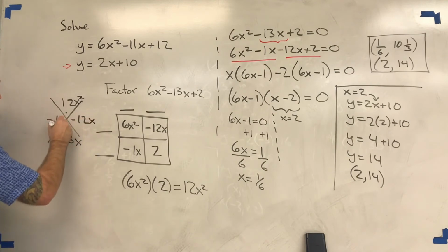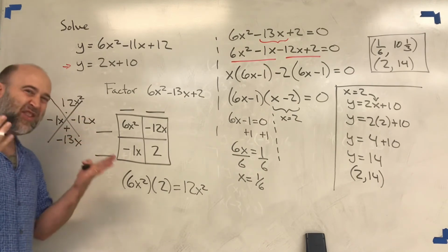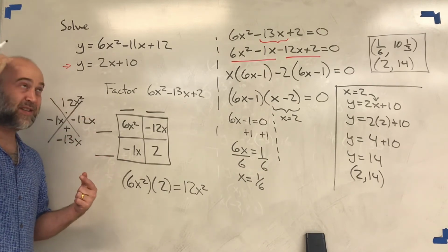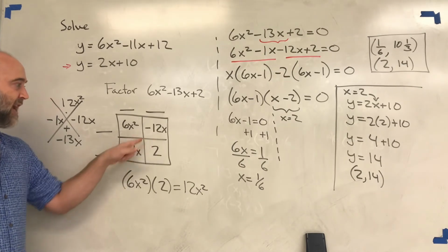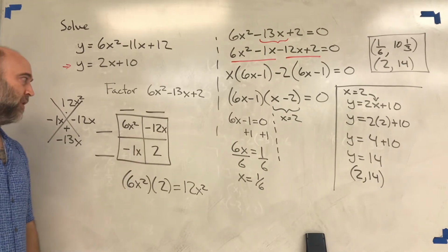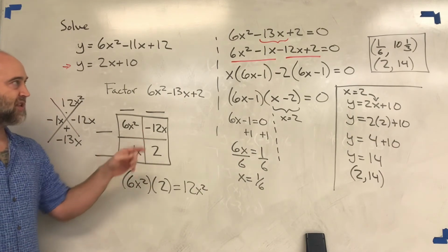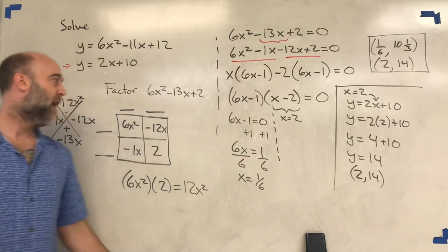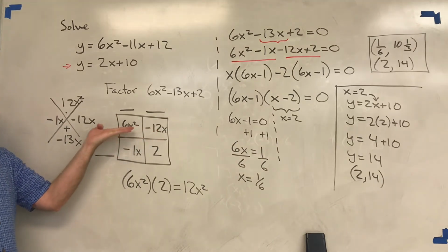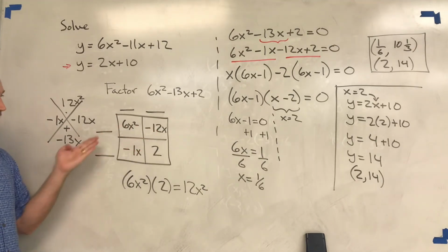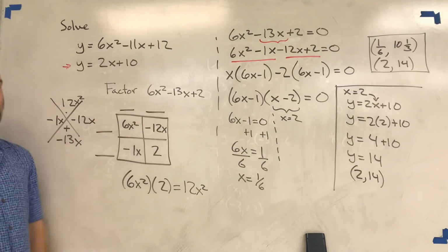I just think about it in the sense of the numbers, and then I make sure I add the x's when I do this. So this is another approach. Notice it's the same numbers that we found right here, and the factoring goes in what's in common for each of these to fill in these blocks.